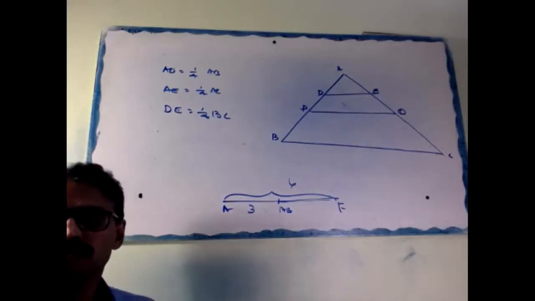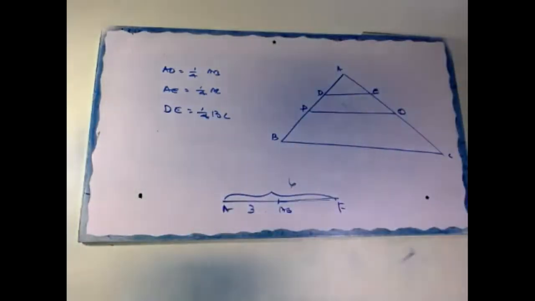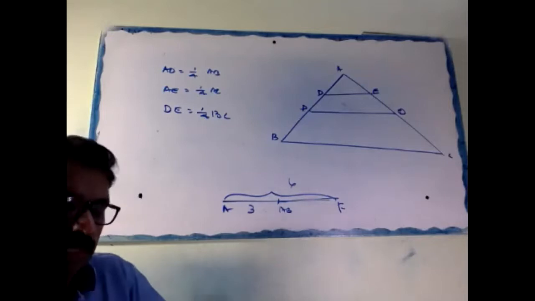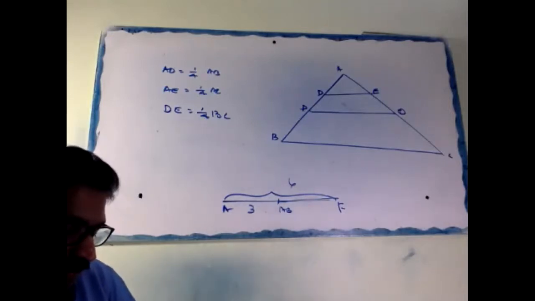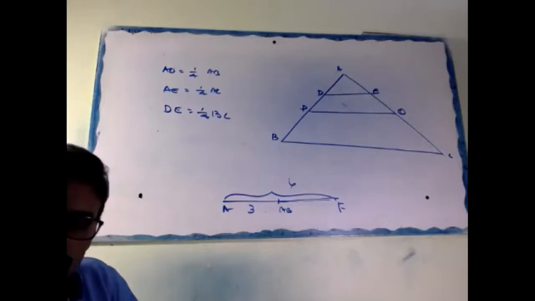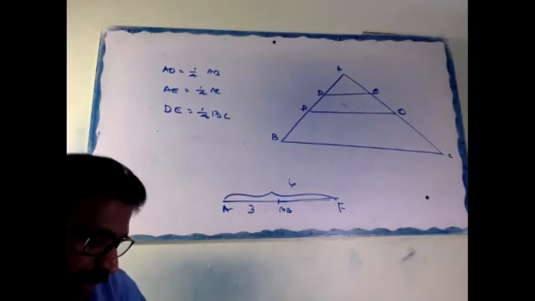That is 3 kilometer, right? So that means Abu Alifa is the middle part, right?